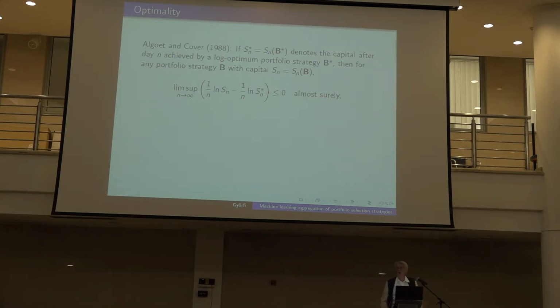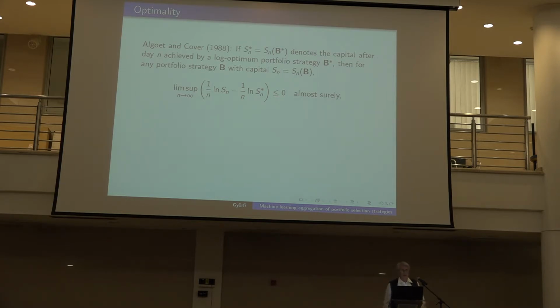And the optimality is formulated as follows. Let Sn star be the wealth for applying the log optimum portfolio B star, and Sn the result for an arbitrary other. Compare the two growth rates. This is for the arbitrary strategy, and this is for the log optimum strategy.